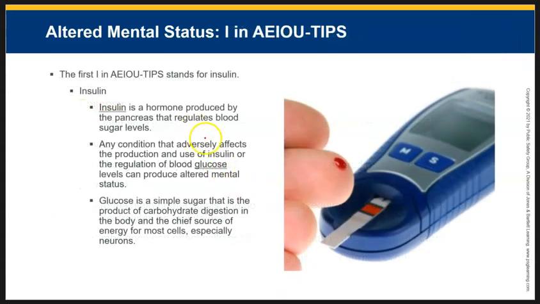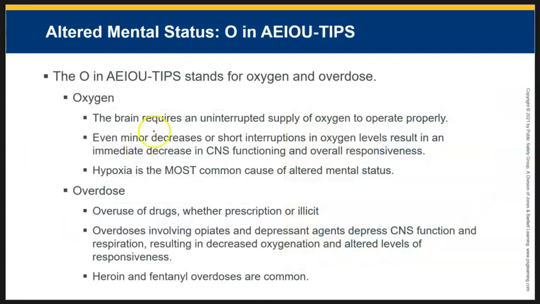The first I in AEIOU TIPS stands for insulin, which is the hormone that regulates blood sugar, secreted from the pancreas. Any condition such as diabetes that affects production or use of insulin, and therefore the amount of glucose that's in the bloodstream, is going to result in a possible change in mental status. O stands for oxygen or overdose.